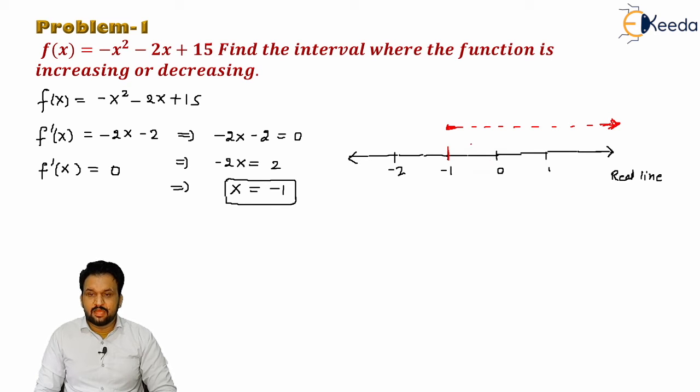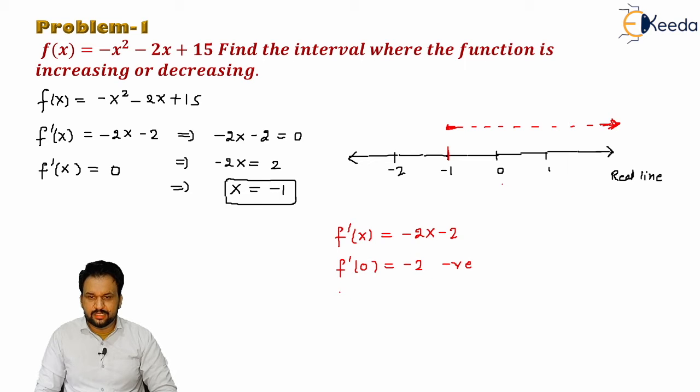After minus 1, you get points 0 or 1. Any point you can take and substitute in the f dash x. So what is our f dash x? That is minus 2x minus 2. If I find f dash at 0, you can see it gives you minus 2, so it is a negative result.